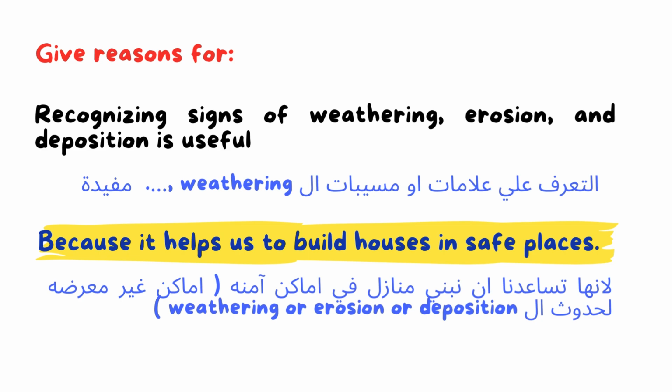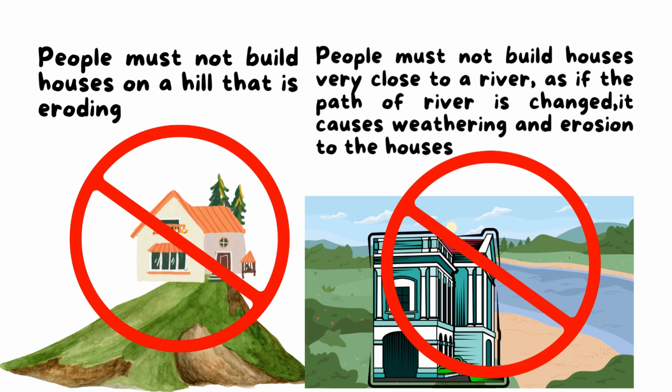And this is dangerous. So if we know the signs and the features of erosion, we will know that this place is eroding and we can't build houses on it, okay?